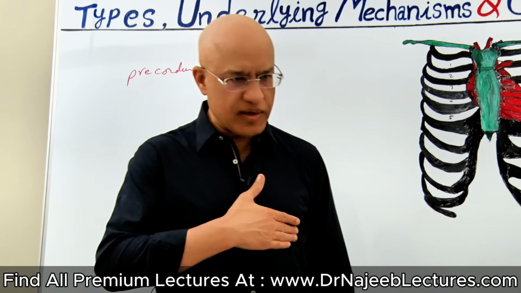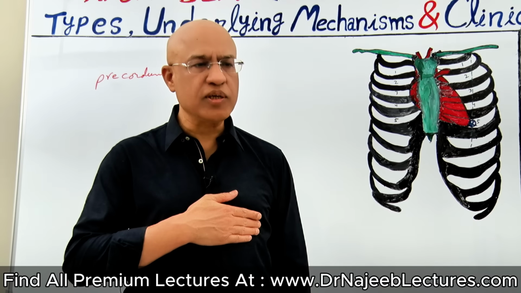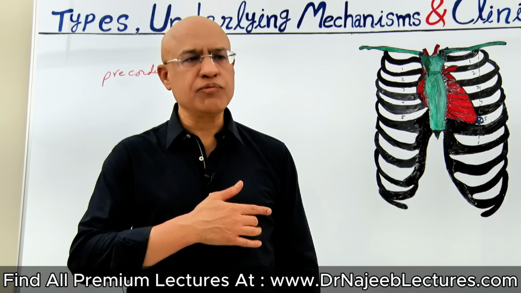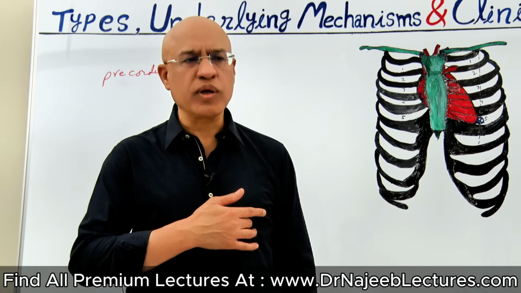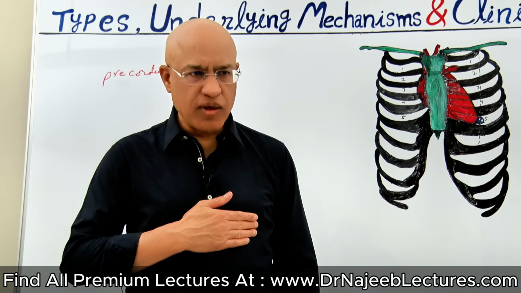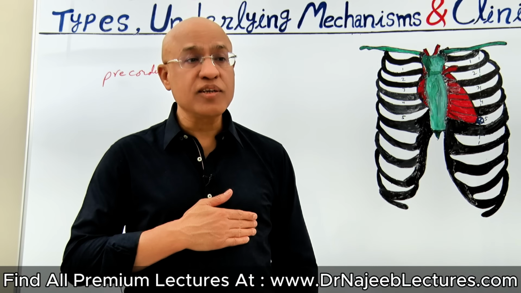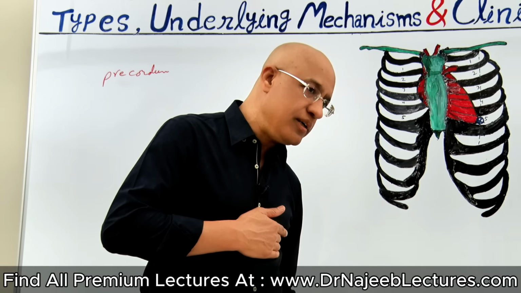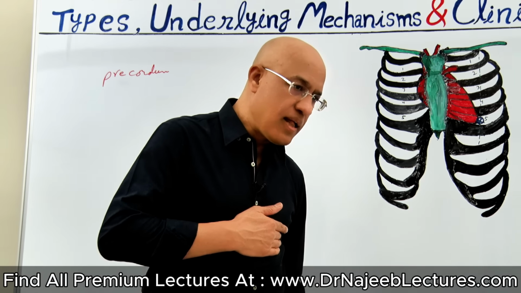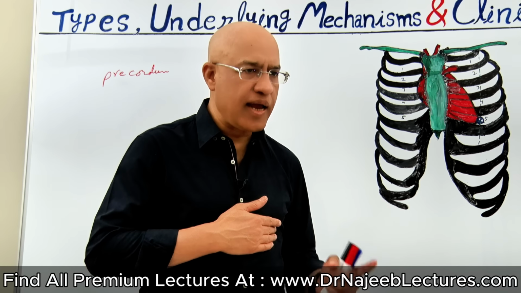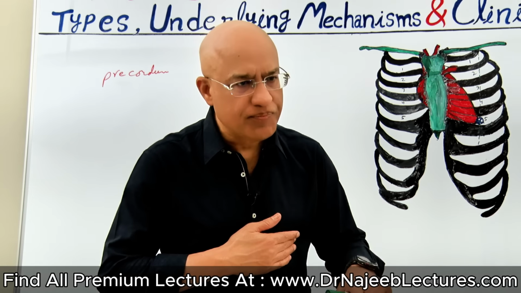When you put your finger, if the patient is supine, it is easy to locate the fifth intercostal space and the midclavicular line. But to palpate it in the best possible way, you need to turn the patient to the left lateral decubitus position, and you will best palpate it at the end of expiration.